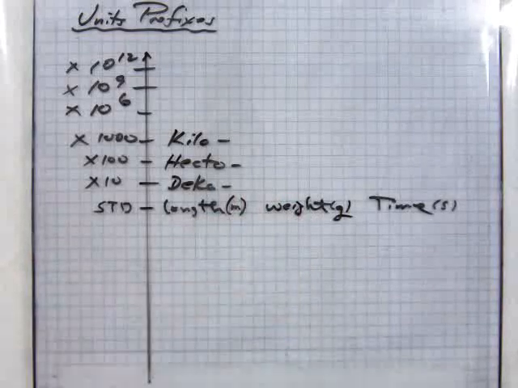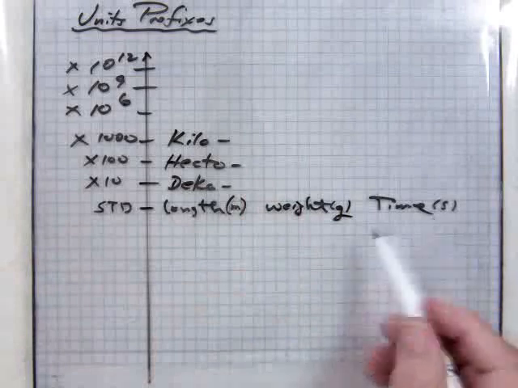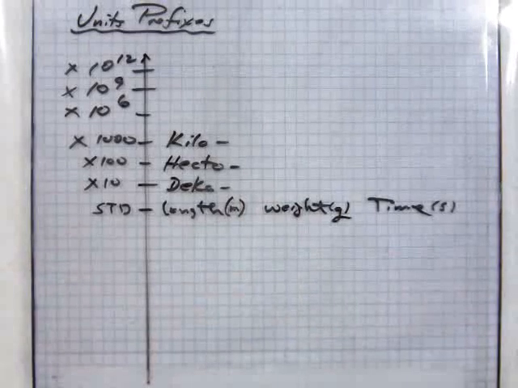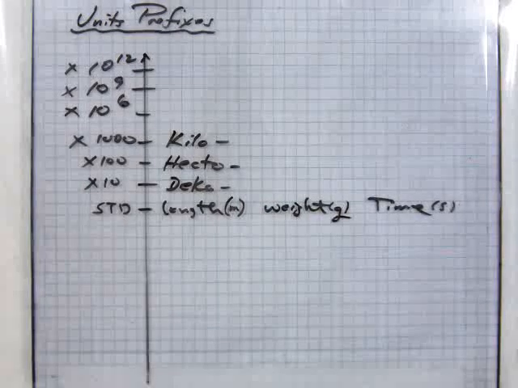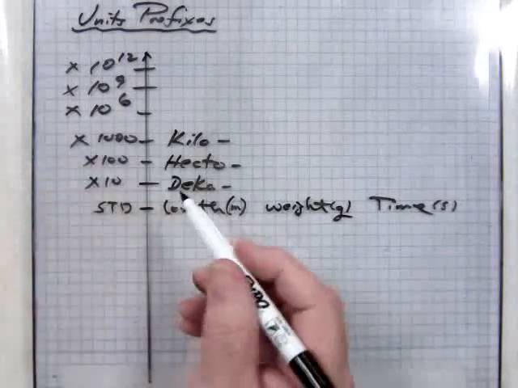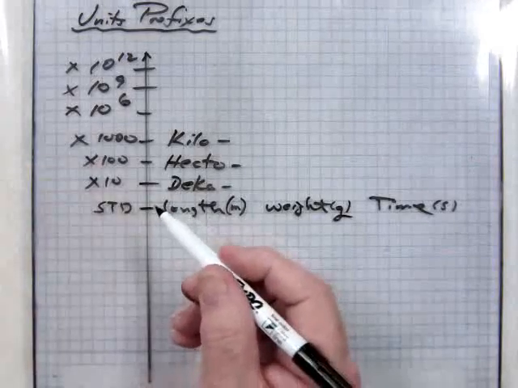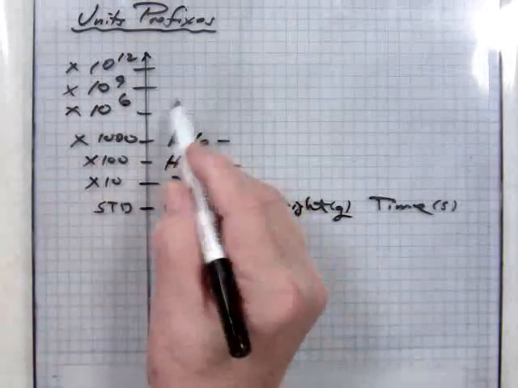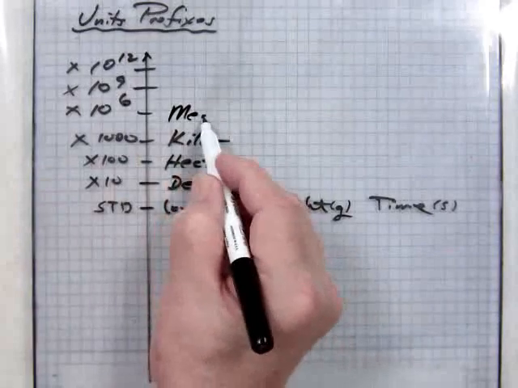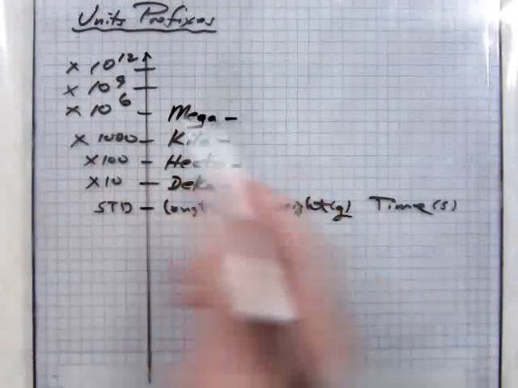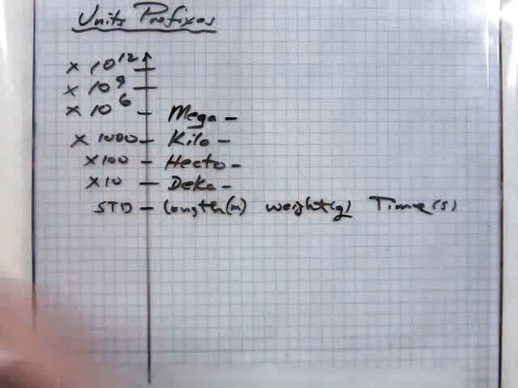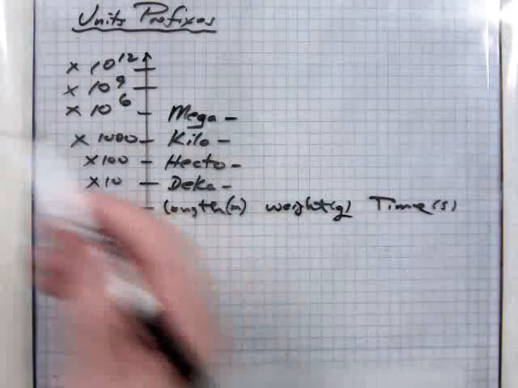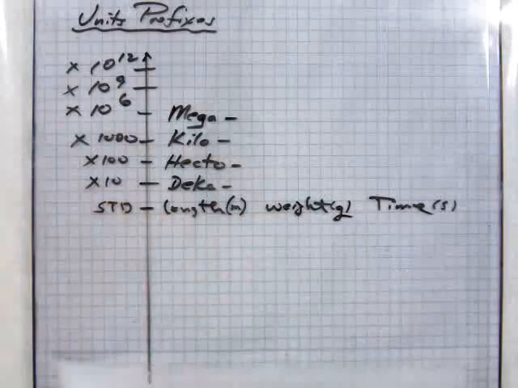Kilometers, 1,000 meters, as a click, some people call it, and a time unit, kiloseconds. That's killing time? Okay. Mega for a million units, megaseconds and megameters or megagrams.